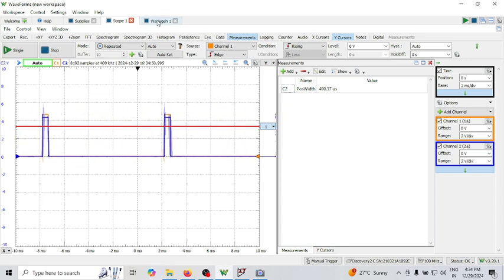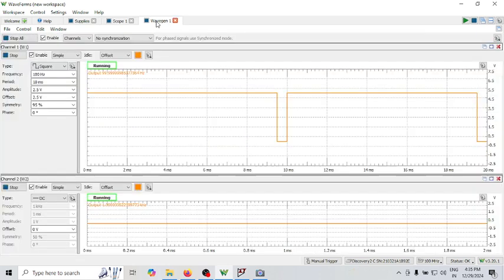Just a minute. Let me see what has happened here. This is my wave gen. This is at zero, so all this offset has now become 0.